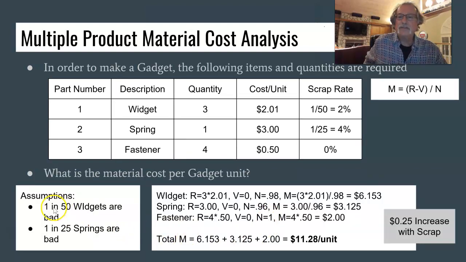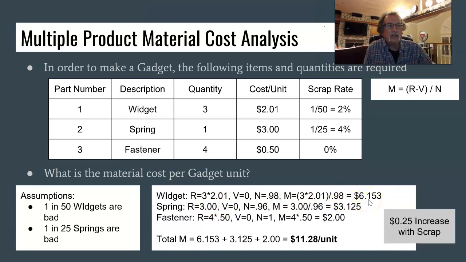So the assumptions: 1 in 50 widgets are bad, 1 in 25 springs are bad. We're going to assume no recycle value. So now, for the cost of the 3 widgets, we have a 2% scrap rate of widgets, a 4% scrap rate of springs, and no scrap rate of fasteners. So we take our $6.03, which is the 3 widgets, and divide by 0.98, the fraction that are good.